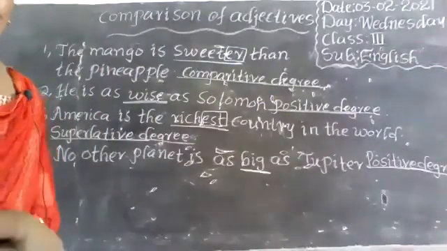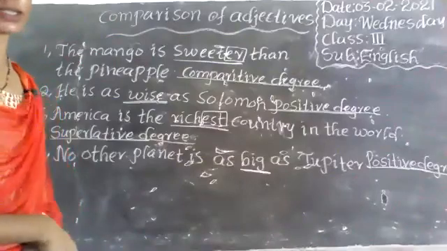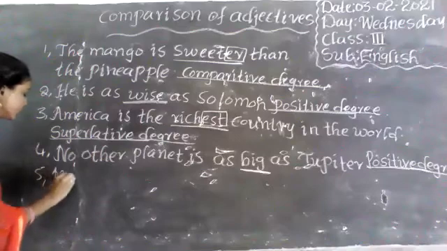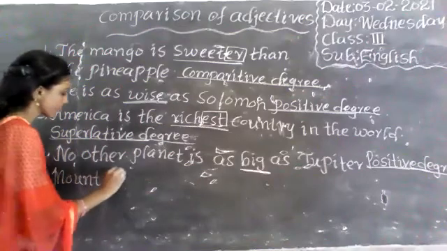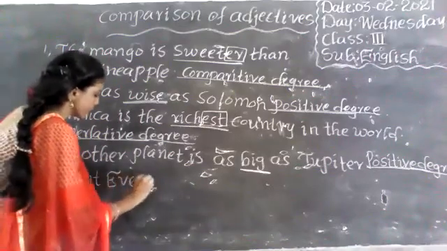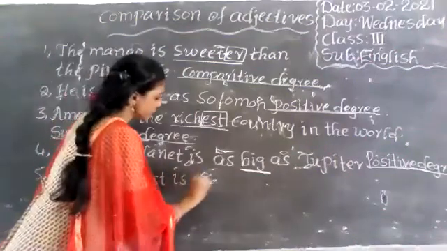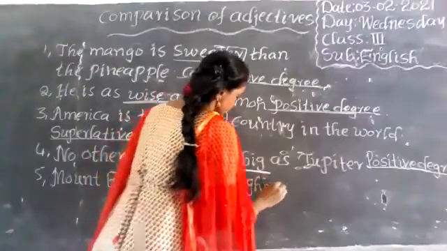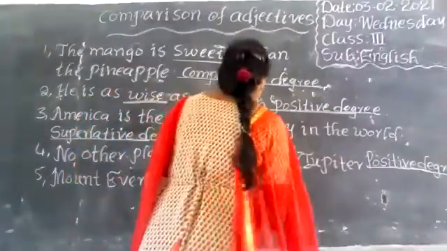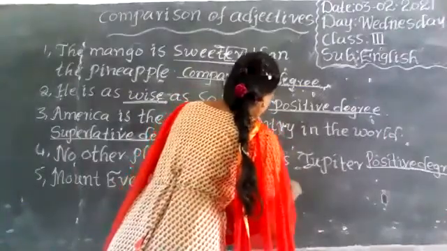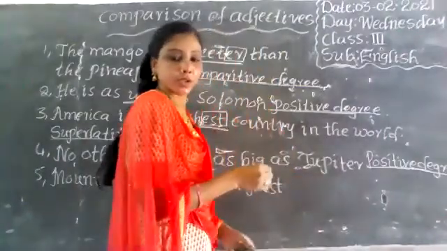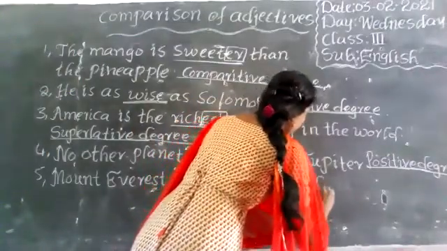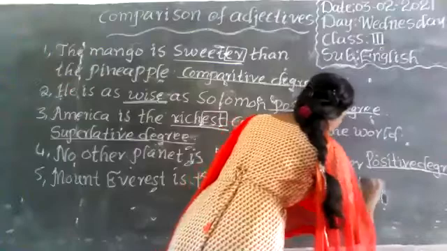Mount Everest is the highest peak of Himalayas. Fifth one, Mount Everest is the highest peak of Himalayas.